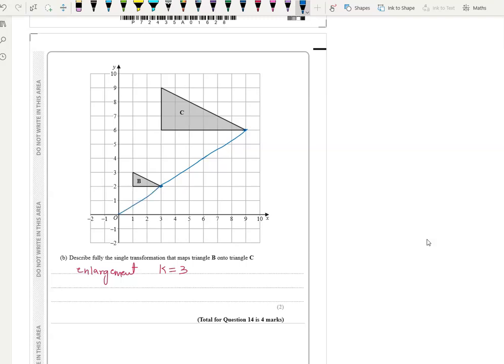Same way, join one more point. Suppose I join this point to this point, and you can see the two lines are intersecting at the origin. So your center of enlargement is the origin (0, 0).